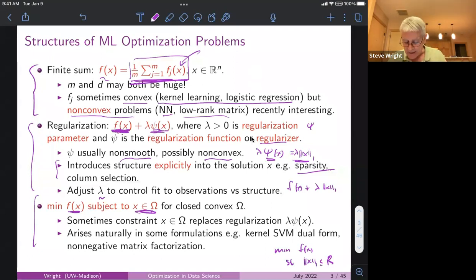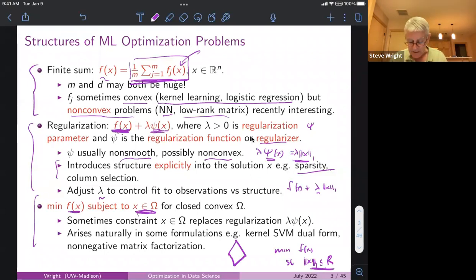Okay, and these two things are actually the same for appropriate choices of lambda and r. Now this constraint doesn't quite have this form, but you can write it in this form. You can say that x belongs to a diamond shaped set.